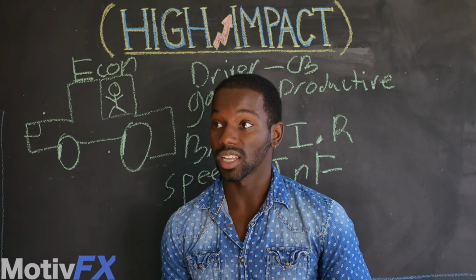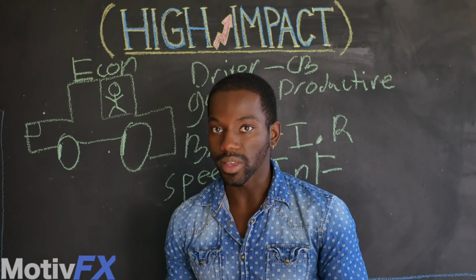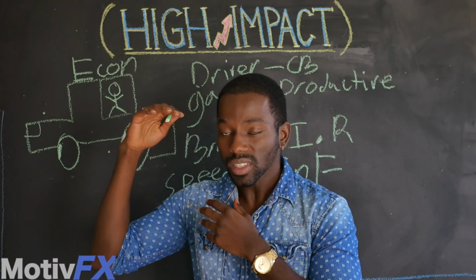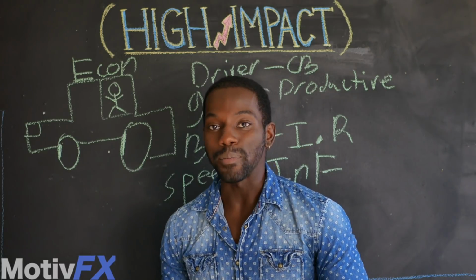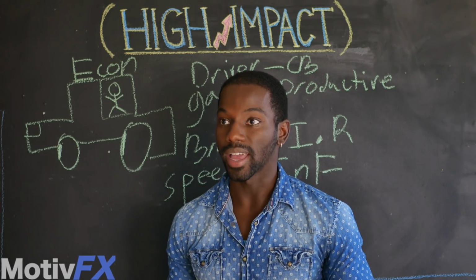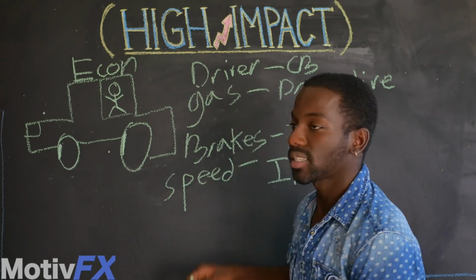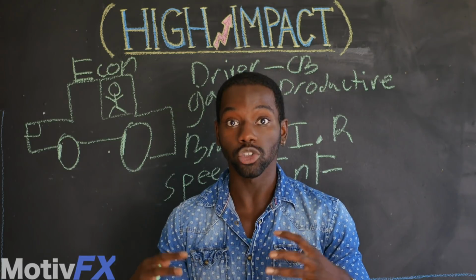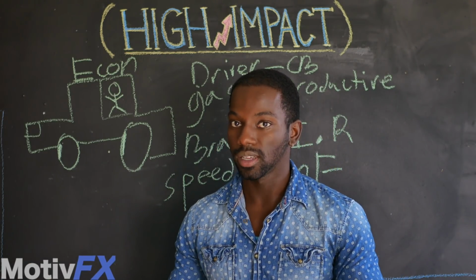But you guys got to rationalize: we have these guys at the top that are making all this money, and they're going to start doing things. You got to go back to the last high impact video to really understand this. They're just going to start implementing different ways of making money in the economy that may not be too beneficial for the economy, aka mortgage-backed securities. But if the government intervened in that process to stop the banks from getting too big to fail, then maybe we could have avoided the 2008 collapse.